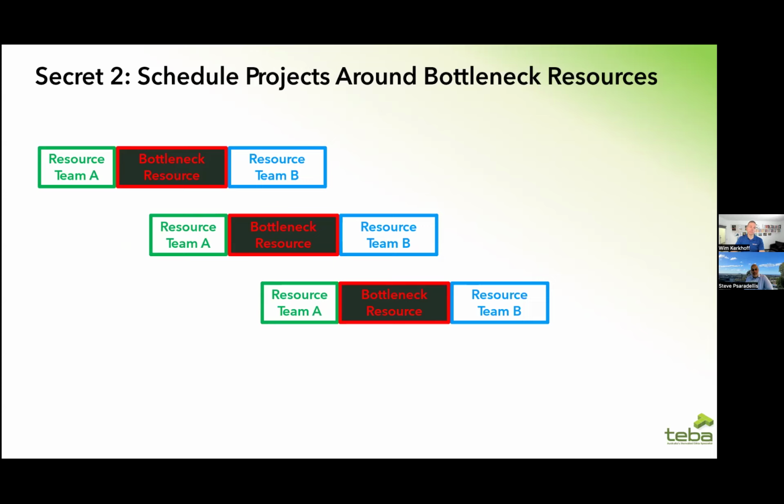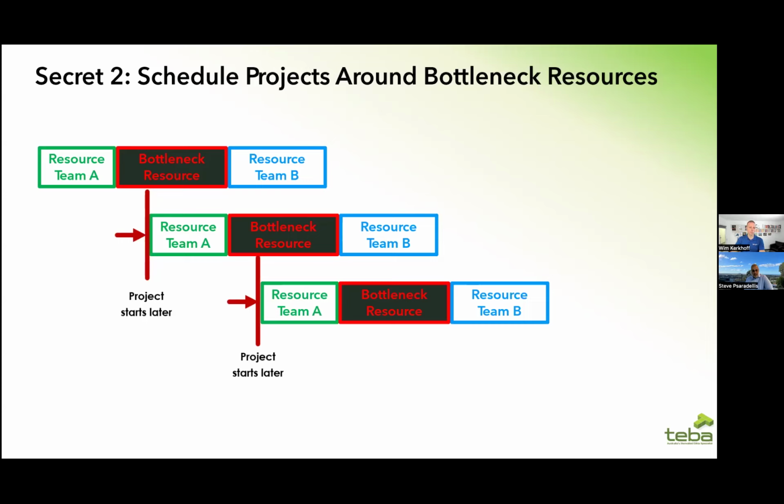Like, you're literally going to say to resource team A, it's all right, take a week off. Or do something that's not related to the project, whatever. And you're going to delay it. Why? That will create project flow, so you don't have these unnecessary gaps, even though there might be known gaps in projects. But you have to schedule everything around your bottleneck resource or resource team.